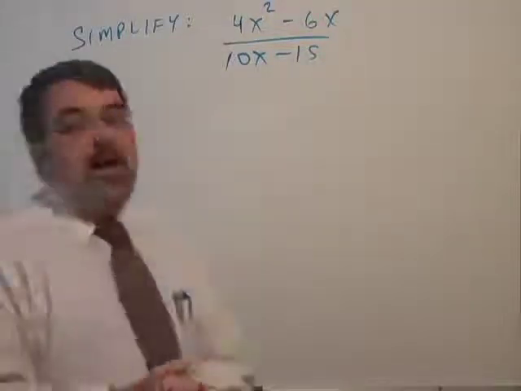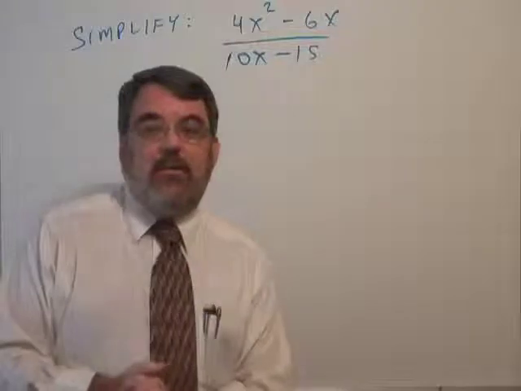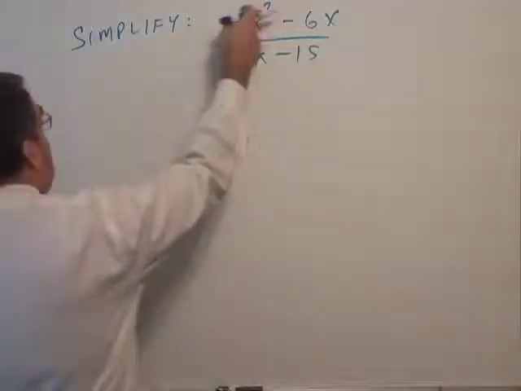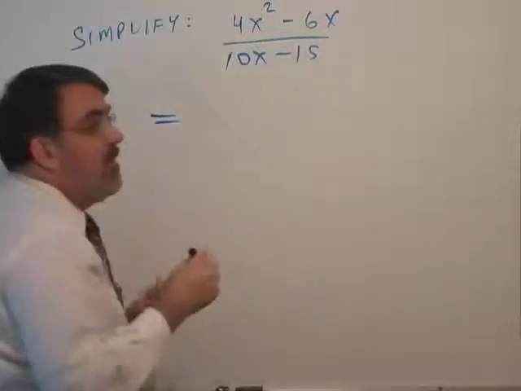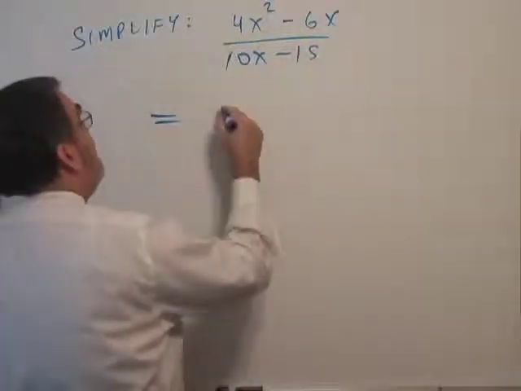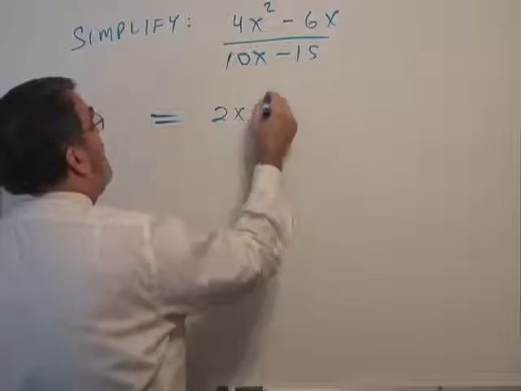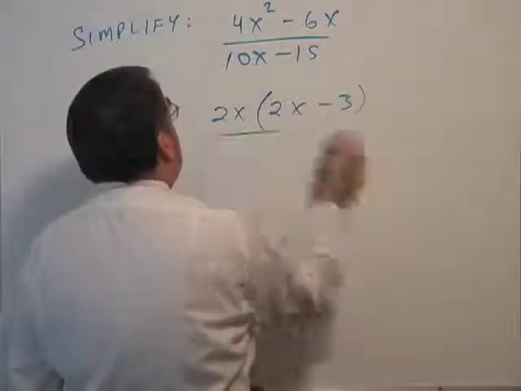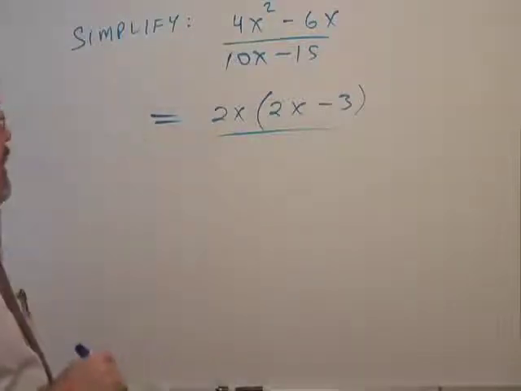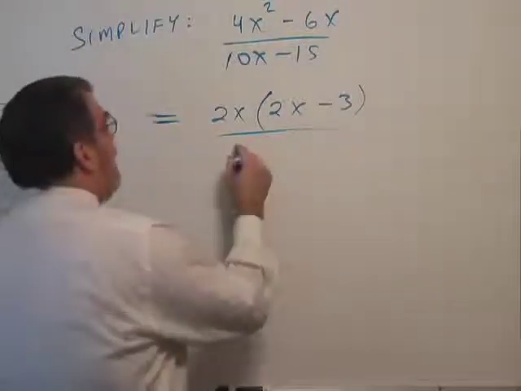So the one reliable thing we can do is to factor each of them. And if you look at the numerator, we can factor 4x squared minus 6x. We can factor out 2x as our greatest common factor, and that gives us 2x minus 3. And down below we can factor out a 5.